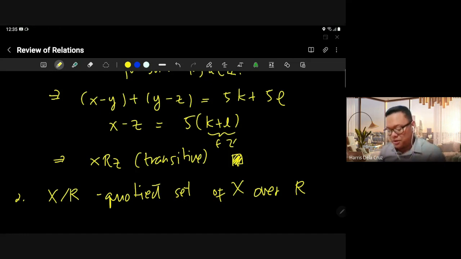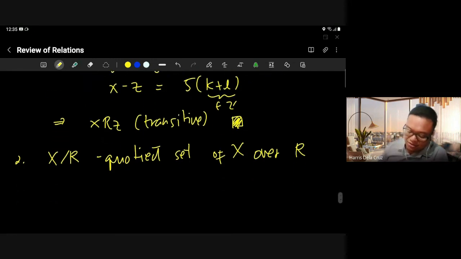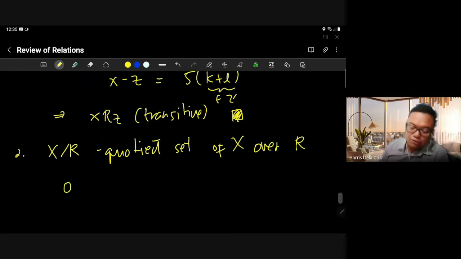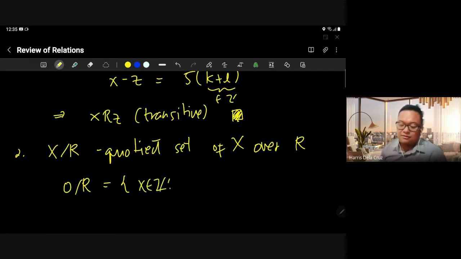Kailangan mo lang hanapin yung mga equivalence classes. Okay? So let's start. Let's say 0. Ano ang mga ka-equivalence classes ni 0? So ito ay ang 0 over R will be the set containing all integer x such that lahat yon ka-related kay 0.